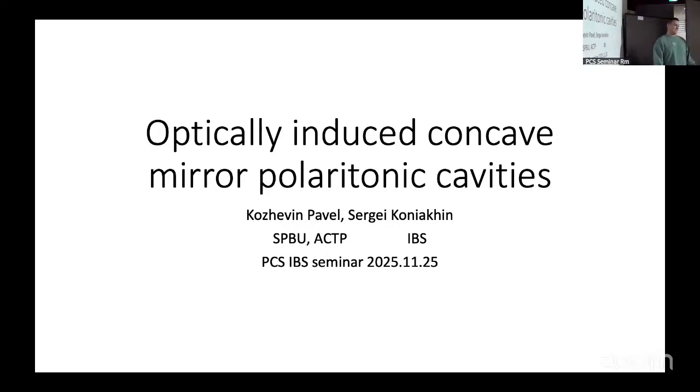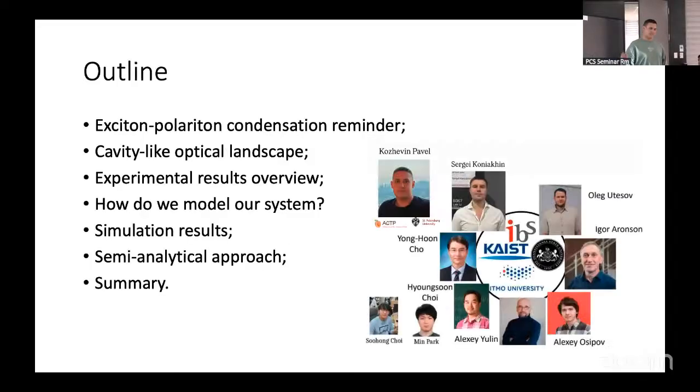Okay, it's me. I think it's okay, Oleg. So let's start. First, as usual, outline. I will start with a few words about exciton polariton condensation physics, just as a reminder for those who are not familiar with this system. Then we will discuss the possibility of constructing a cavity-like optical landscape in which the condensate lives.